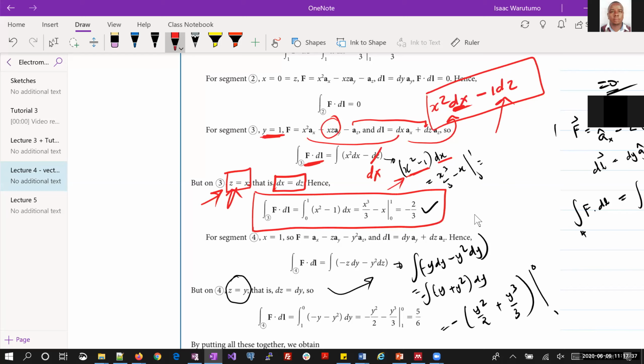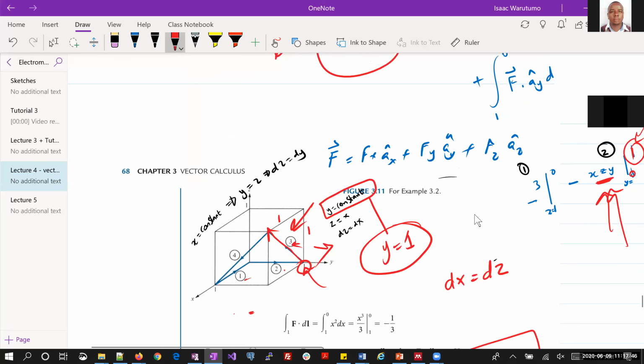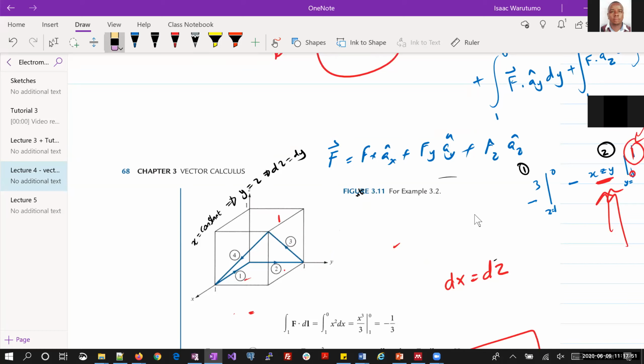And similarly, you can do the fourth term. Having observed, first of all, that the fourth path takes this shape from this point to this point. So what we observe here, what is constant is x. And you can see that x is equal to 1. x is not changing for path 4.